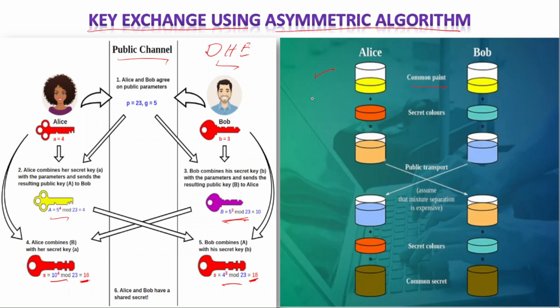So what does this mean? The common paint means, as we know here, that they both share something in the mathematics. P is equal to 23, G is equal to 5. It is common, or it is exchanged over the public media by Bob and Alice. So by the common paint we mean that Bob and Alice exchange these paints with each other, or they determine that we will use this yellow paint.